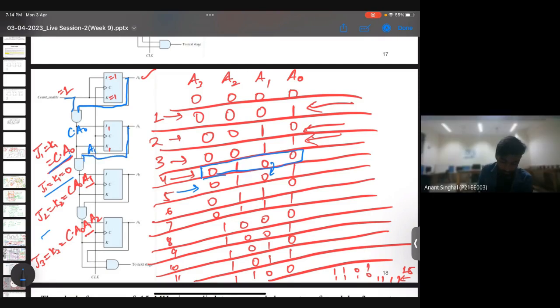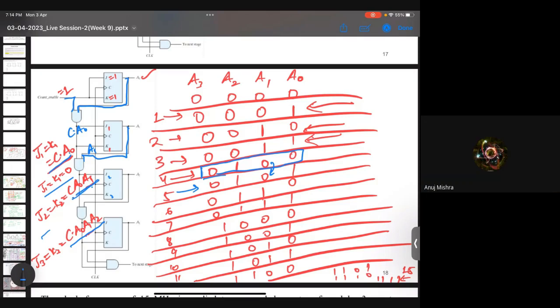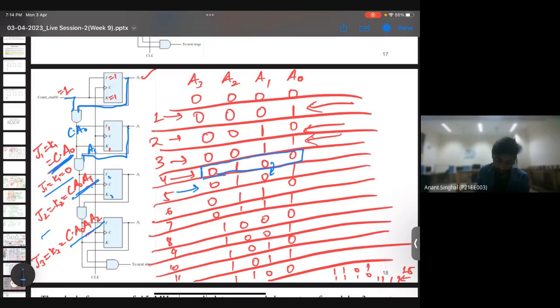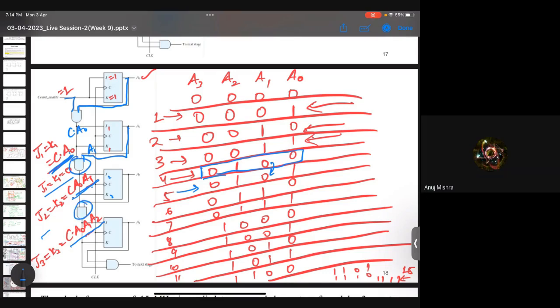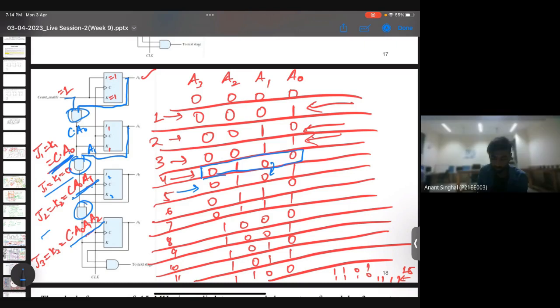So for J2 and K2, it will be C A0 A1, and correspondingly for J3 K3, it will be an AND of C, A0, A1, A2. And it is getting multiplied due to the AND gate. Yes, AND gate. Got it.